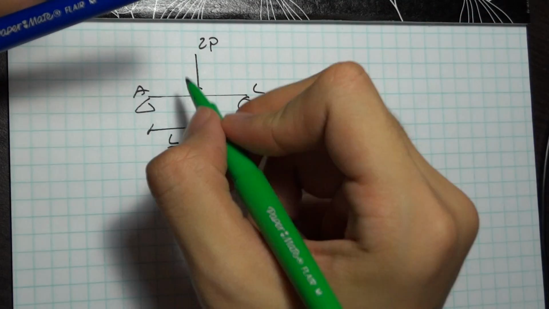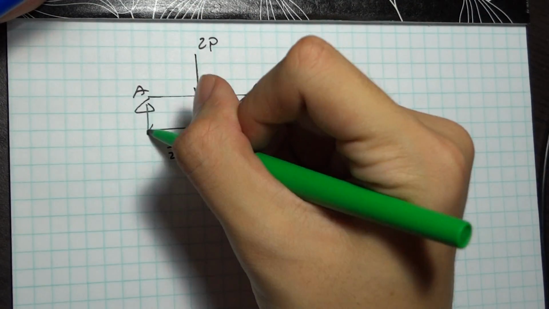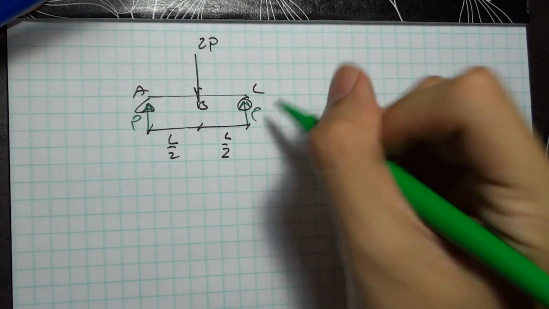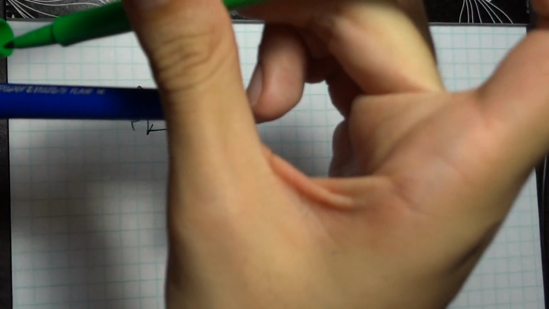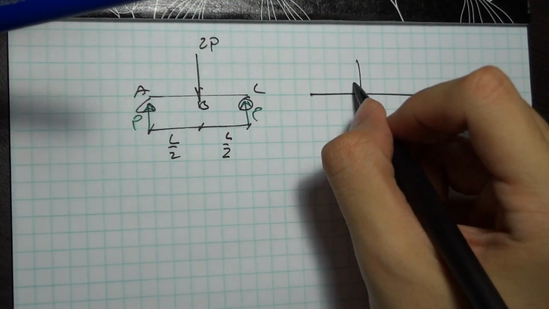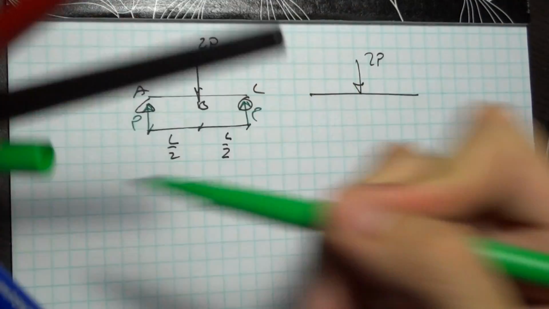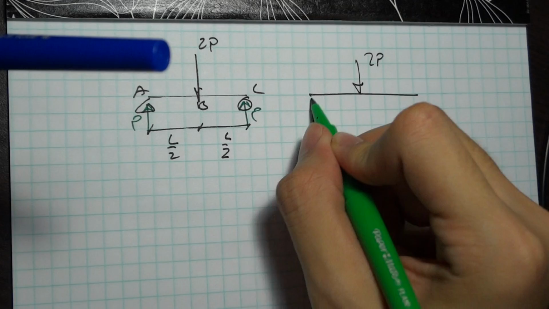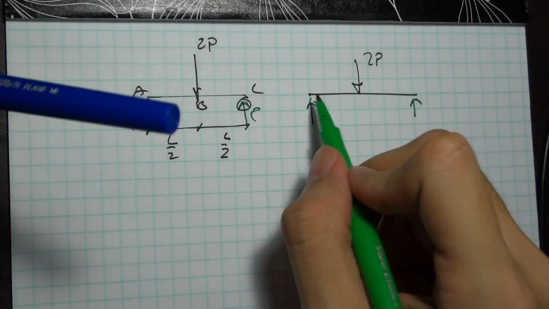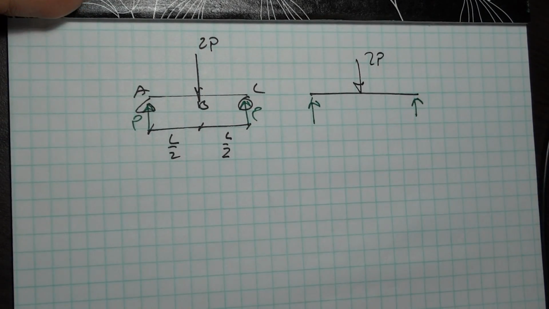Your reactions are just P and P, because if your load is located halfway between, then you get half the forces on each one. I don't think a lot of you have problems with that. The problem is probably drawing it.